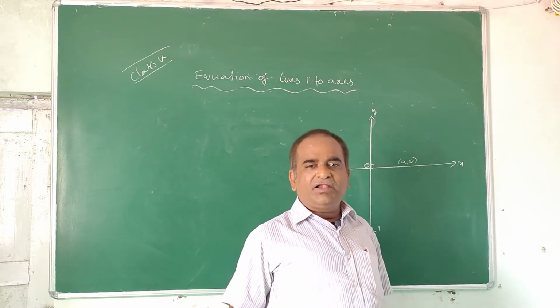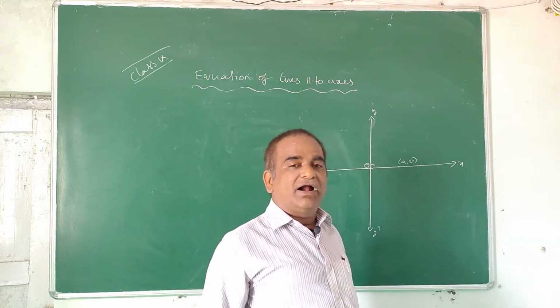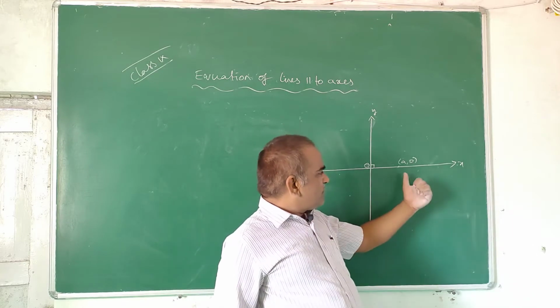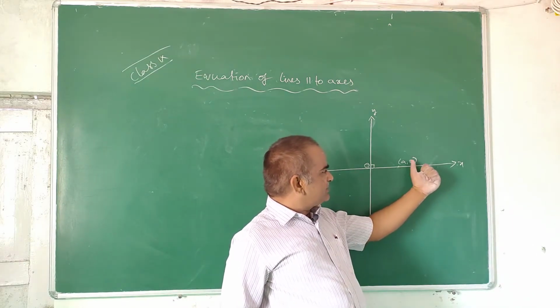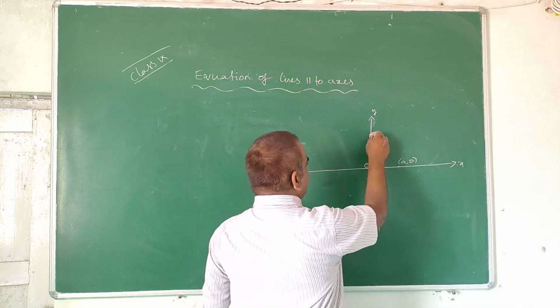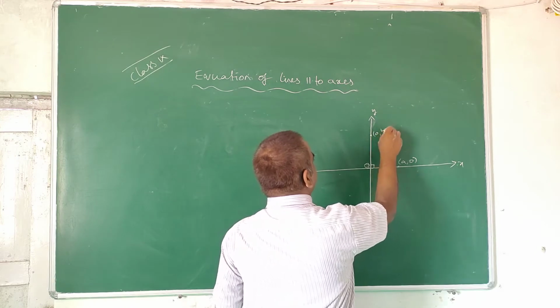If it is a point on x-axis, the ordinate, meaning the second coordinate, will be 0; abscissa means the first coordinate. If a point lies on y-axis, the abscissa will be 0.